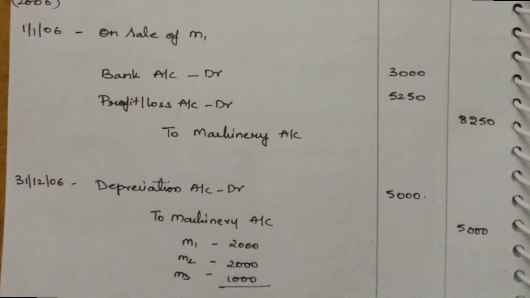So like this you need to record the entry. So machinery account is on the credit side. You will credit the ledger of machinery with rupees 3,000 as bank account, and with rupees 5,250 as profit and loss account on the credit side of the machinery account.